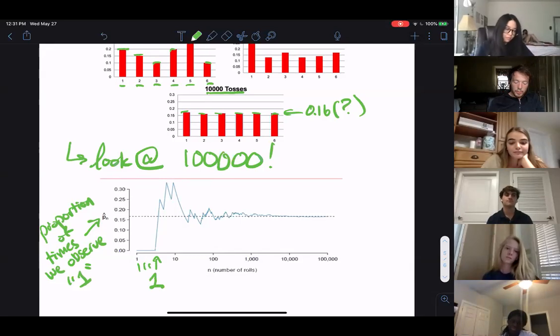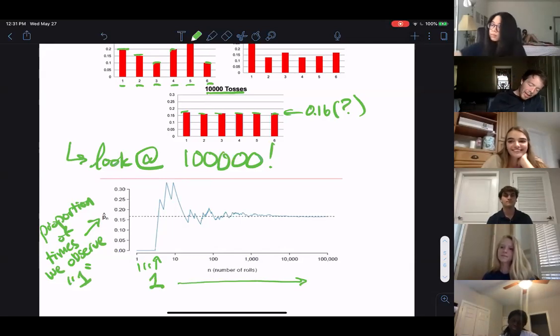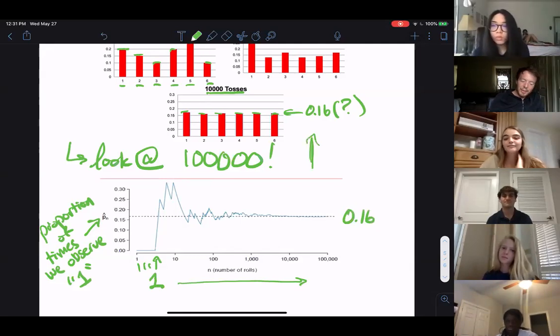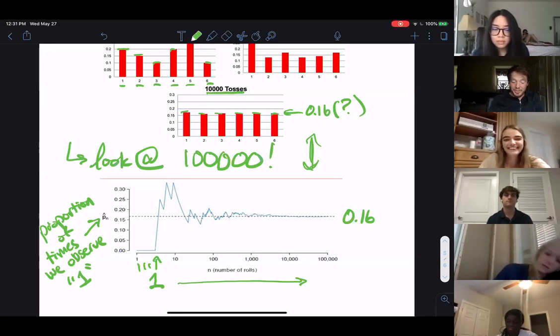And you can see as we roll more and more, it is getting closer and closer to evening out. And it's evening out at around 0.16. So it's looking like these two graphs right here are saying about the same thing. If we do this over and over and over again, our best guess of the probability is getting closer and closer to 0.16, which is about 1/6.